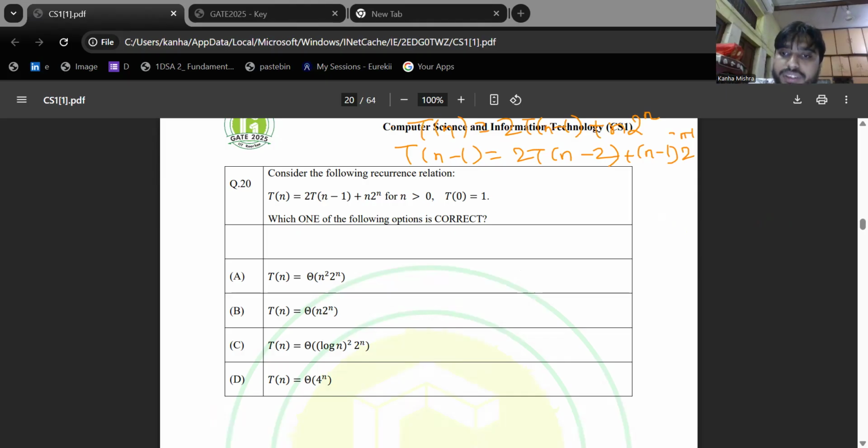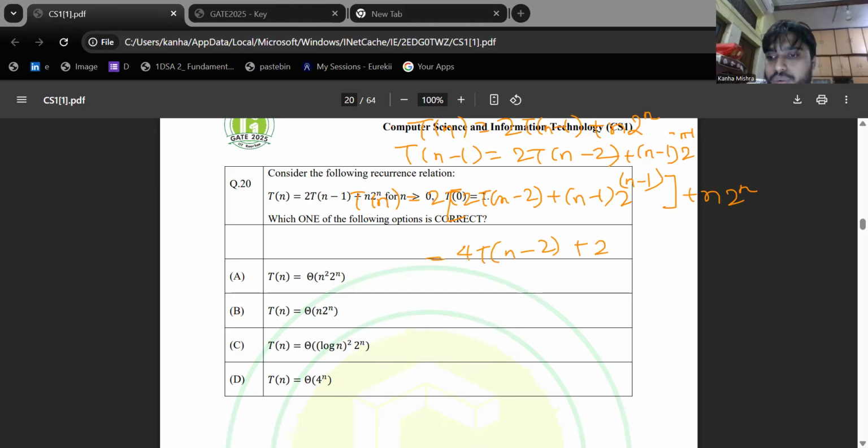Now plugging it into T(n), T(n) becomes 2(2T(n-2) + (n-1)·2^(n-1)) + n·2^n. So it becomes 4T(n-2) + 2(n-1)·2^(n-1) + n·2^n.